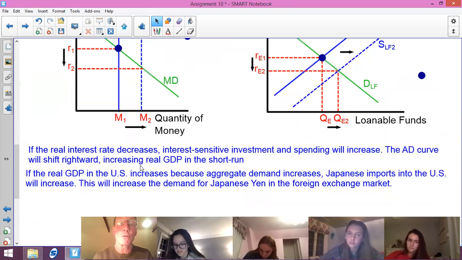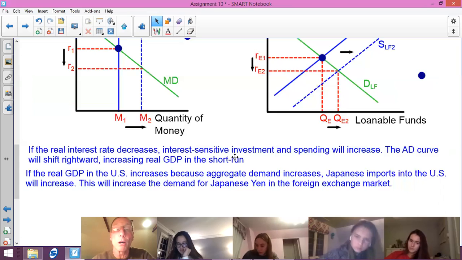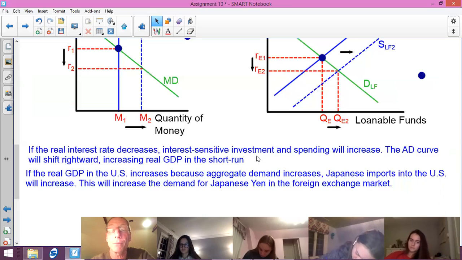They want a high interest rate because they're actually lending money when they come in. So you're going to get more foreign inflow of capital when the interest rates are higher. When the interest rates are lower, then you're going to get more domestic investment because firms and consumers tend to borrow the money they use to invest.